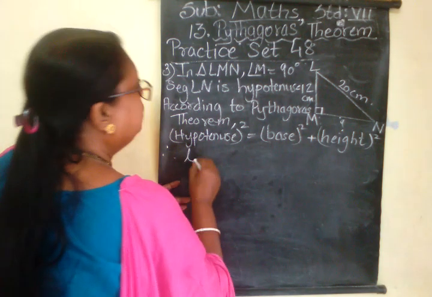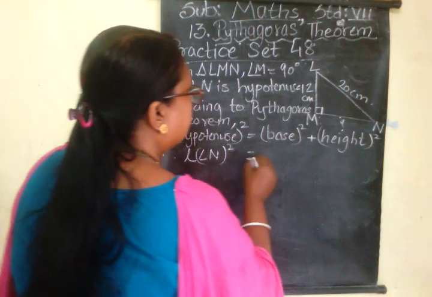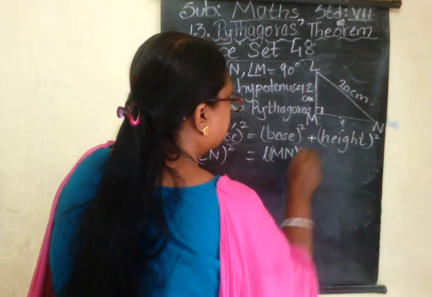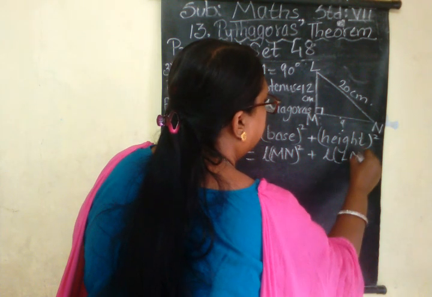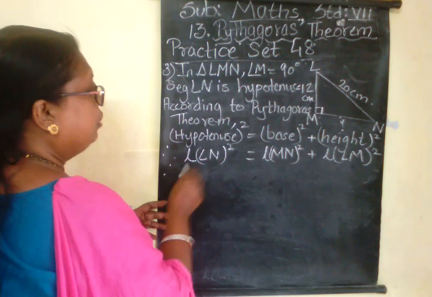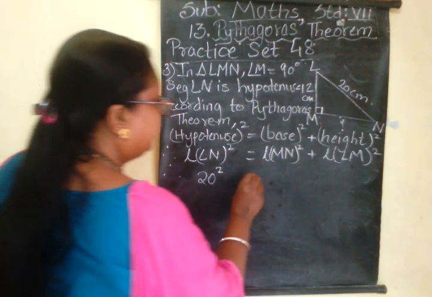Therefore, length LN square is equal to length MN square plus length LM square. So, in this, we know LN is 20. So, here we will substitute 20 square equals.